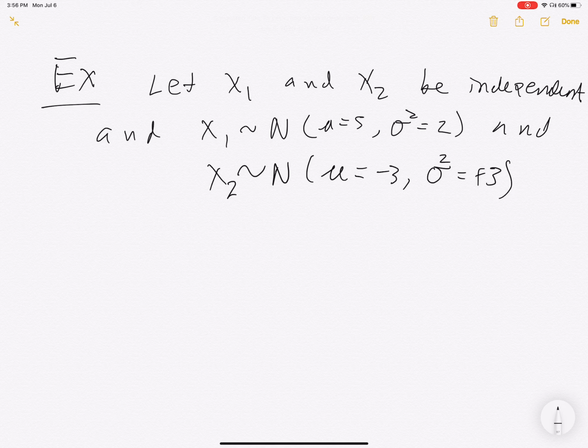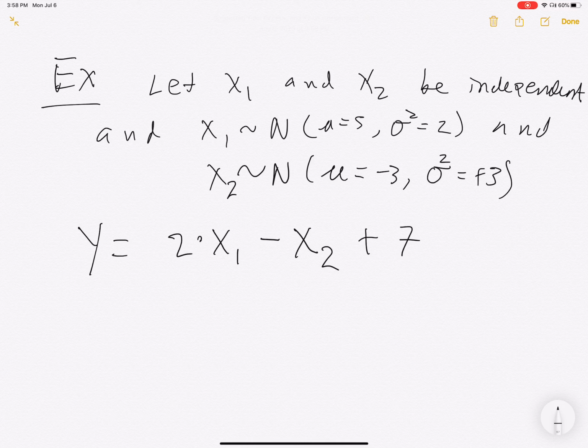But now I'm going to change my transformation. Y is going to be 2 times X1 minus X2 plus 7.